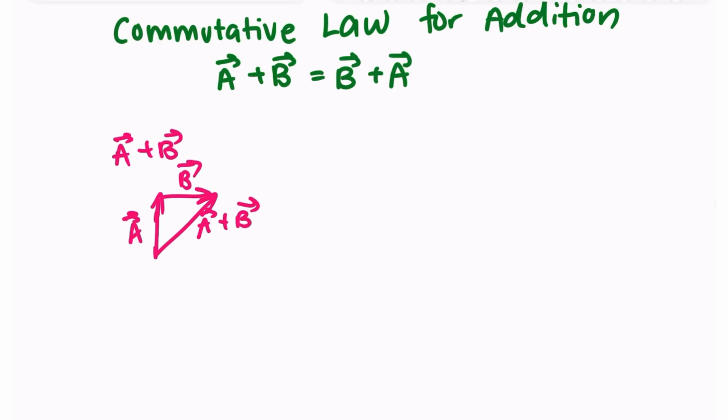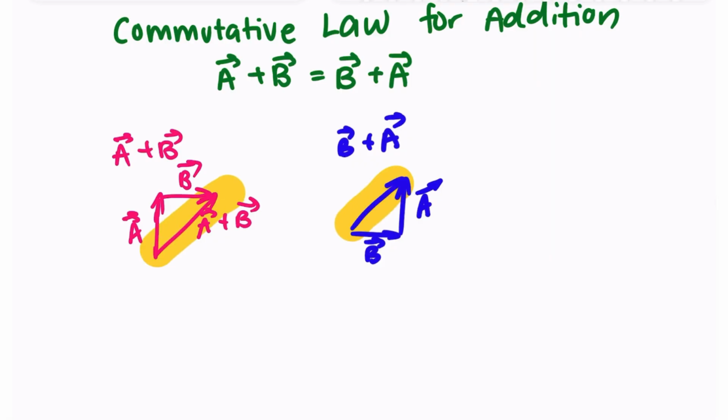But if I am to do the opposite and do vector B plus vector A, the result will look a bit different on this one. But the resultant vector, which I'm highlighting in yellow here, both have the same length because, again, the order in which you add does not matter.